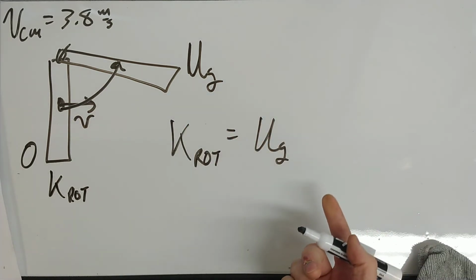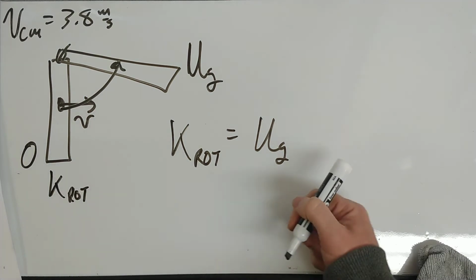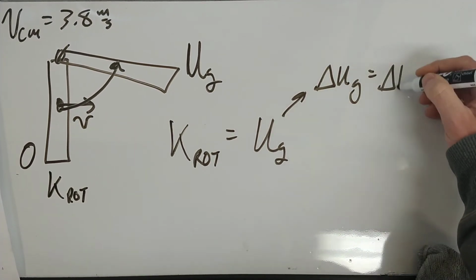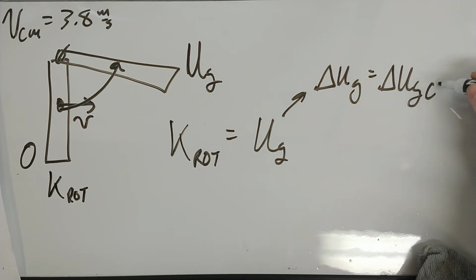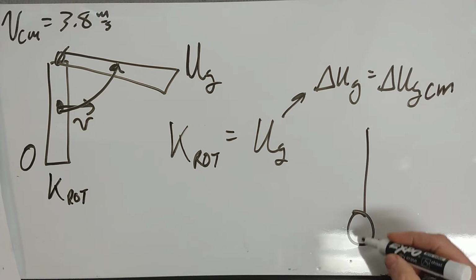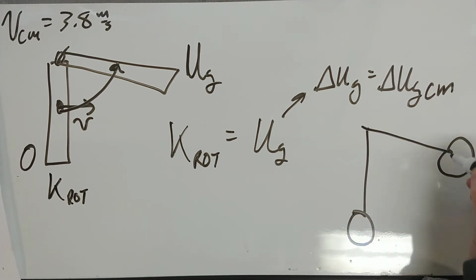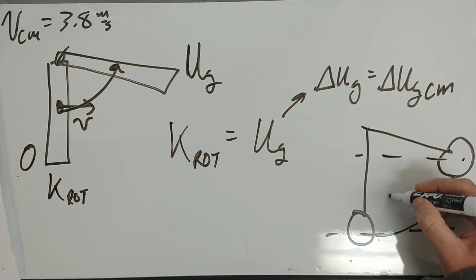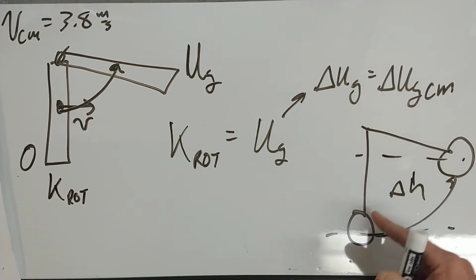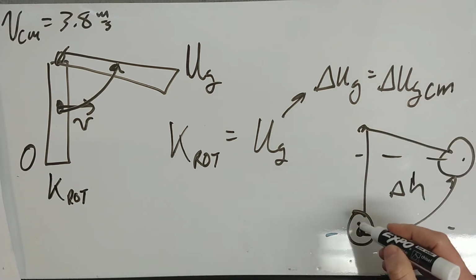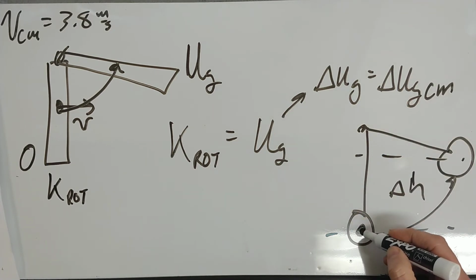Now, how do you figure out the change in gravitational energy? Well, it turns out delta U_G of this is equal to delta U_G of the center of mass. It would be the same thing for a regular pendulum. When a regular pendulum swings up, we did conservation of energy of the object. Well, that's because the center of mass of the pendulum is the center of mass of the mass that's hanging.